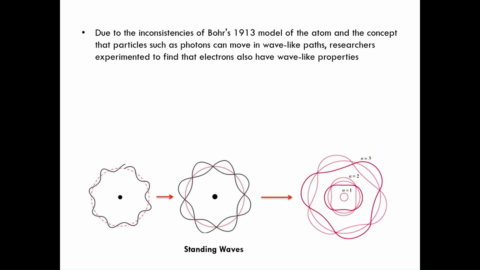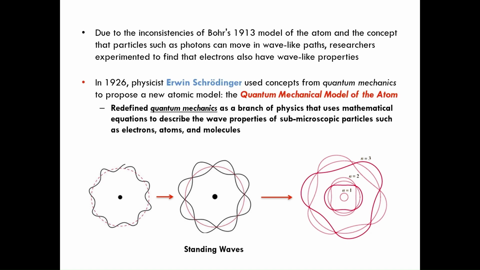It was because of de Broglie's discovery that in 1926, Erwin Schrödinger was equipped to propose a new model of the atom, our current working model, the quantum mechanical model of the atom. And in the process, Schrödinger redefined the study of quantum mechanics as a branch of physics that uses mathematical equations to describe the wave properties of submicroscopic particles such as electrons, atoms, and molecules.